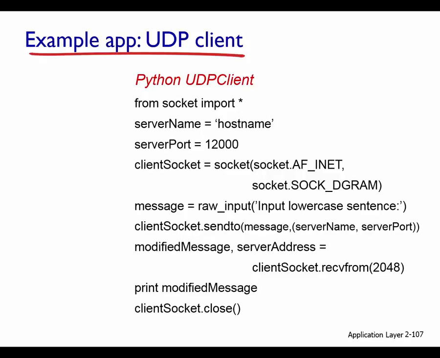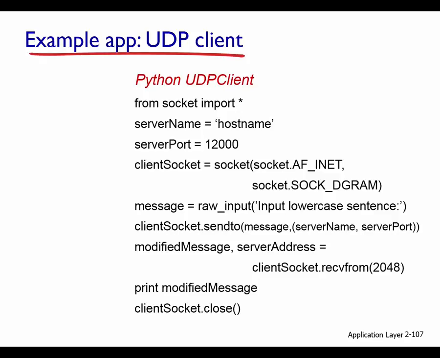I recommend, if you're not familiar with the syntax for sockets, that you look it up. Basically, you need to have this from socket import asterisk, and it only works with certain versions of Python. I don't remember the version number. Then we define our socket.